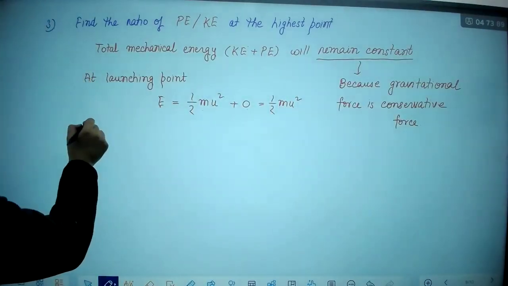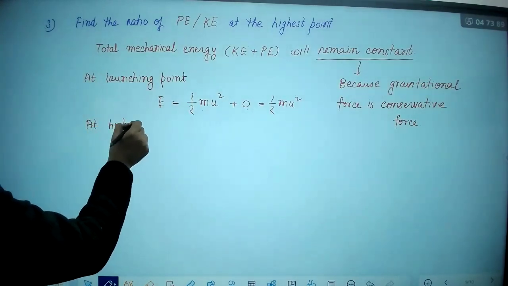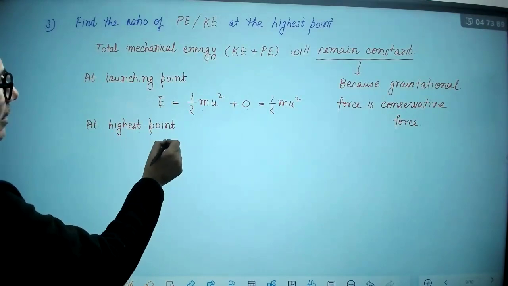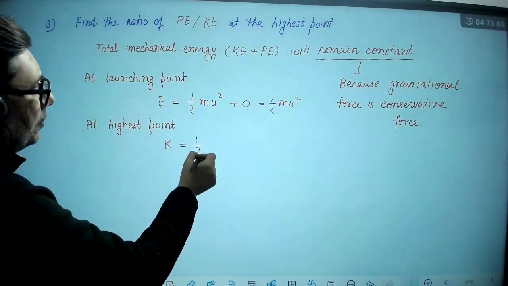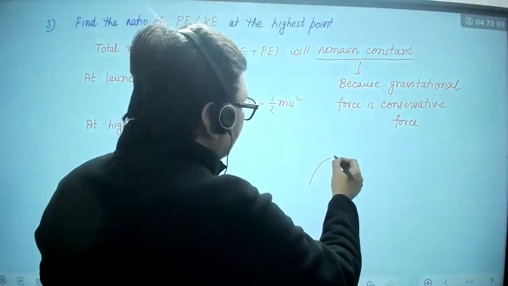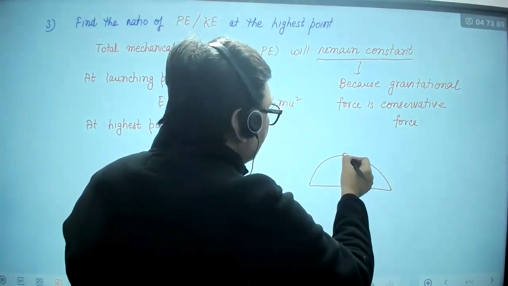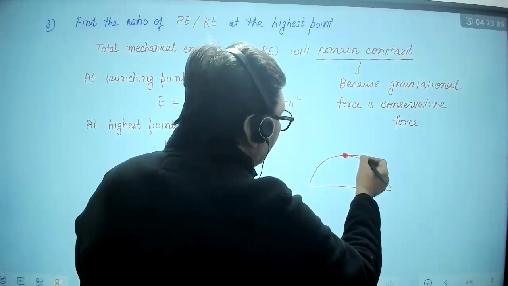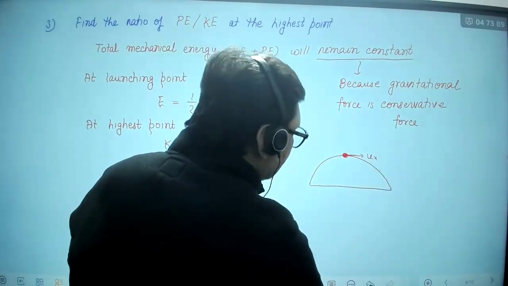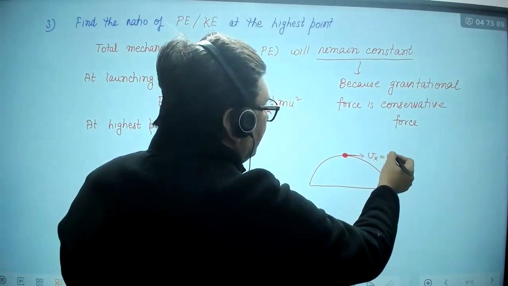At the highest point, what will be the kinetic energy? 1 by 2 m v square. Try to understand this type of projectile motion: at this point only the horizontal component will be there, vx, and that will be u cos theta.